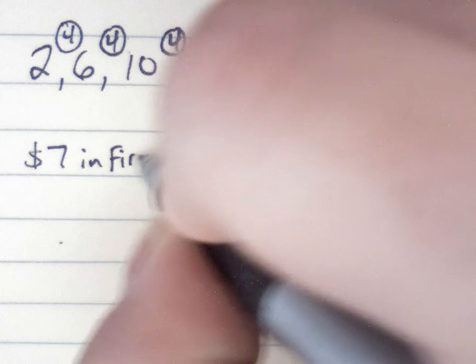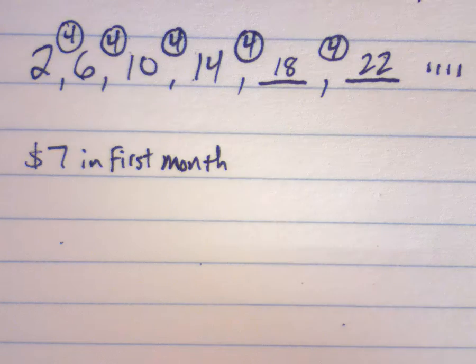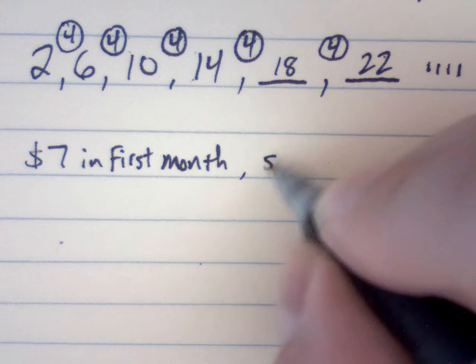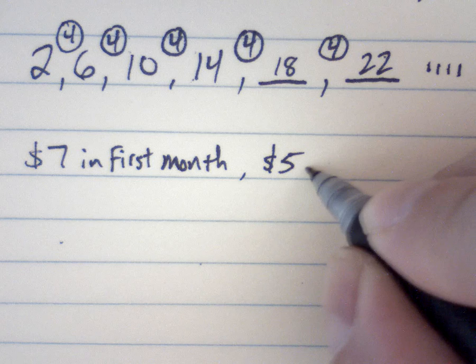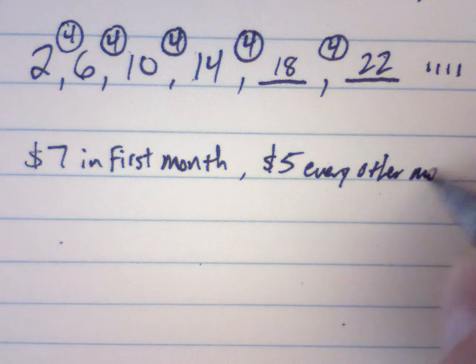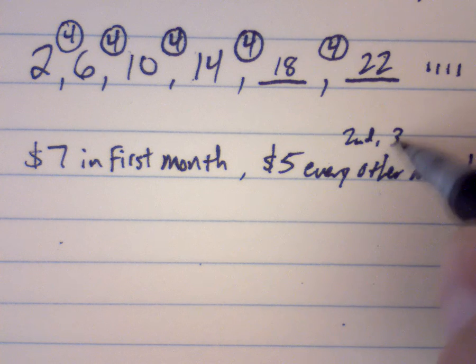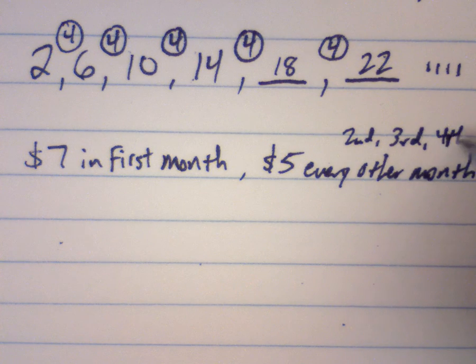So it says he saves $7 in the first month. If you remember, it says that he saves $5 every other month after that. Right? So in the second, third, fourth, okay?